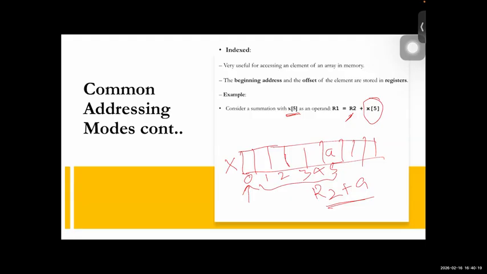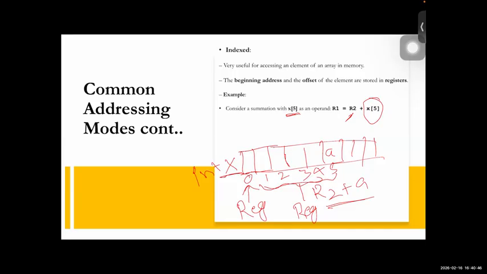The beginning address will be stored in one register and the offset will be stored in another register, so it requires two registers. And the size of each index depends upon what type of array it is. If it is an integer array, then the size is 4 bytes.